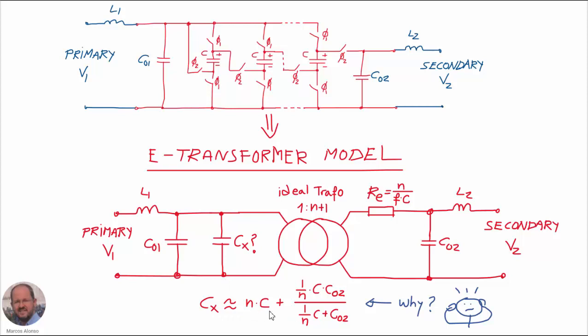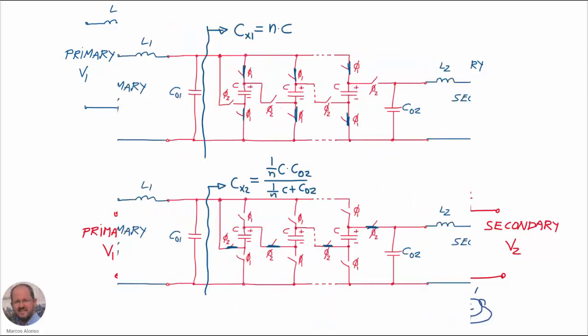It will be n times the value of the switch capacitor, C, plus the series equivalent of a capacitance given by C over N with the output capacitance CO2. But of course, we can question here, why do we need to include this capacitance in parallel with the input of our transformer? So let's investigate this a little bit further.